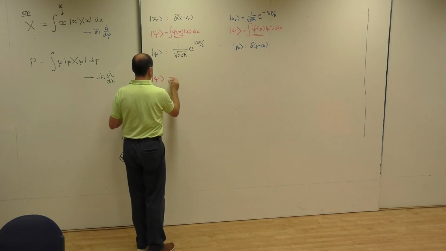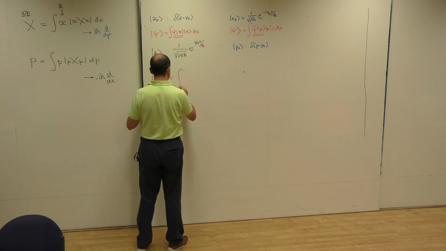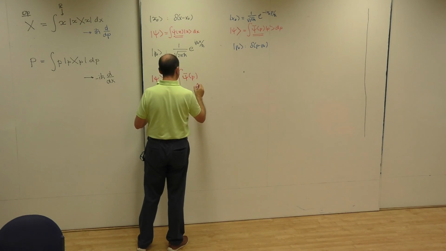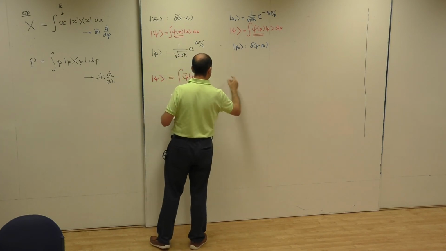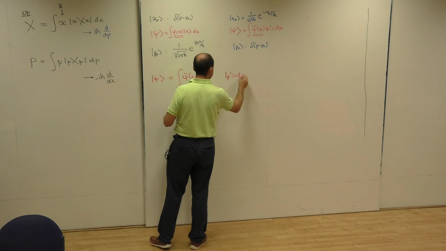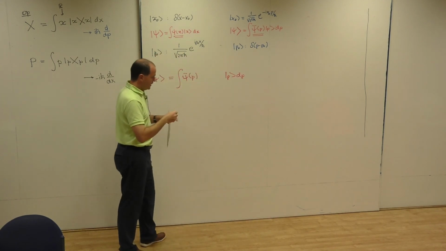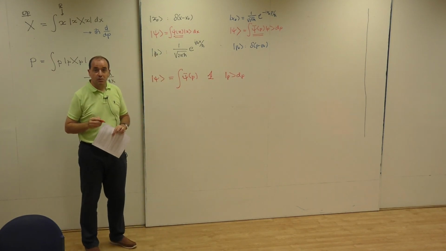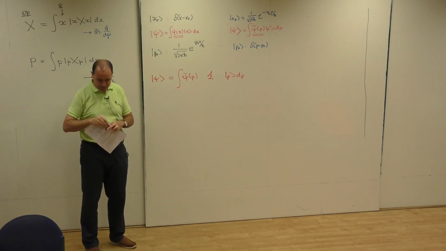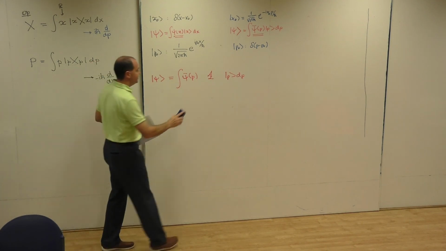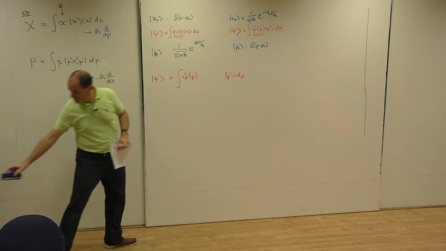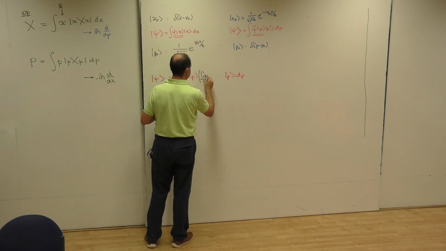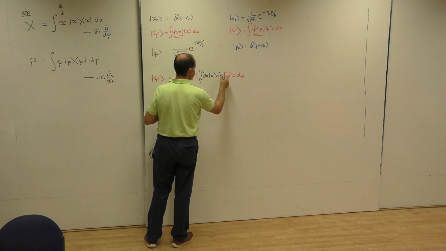The same vector psi is equal to integral of psi tilde of p |p> dp, and now here I insert the identity. You say, well, it doesn't change much, right? Indeed, it doesn't change much, but now let me write the identity as integral dx |x><x|.